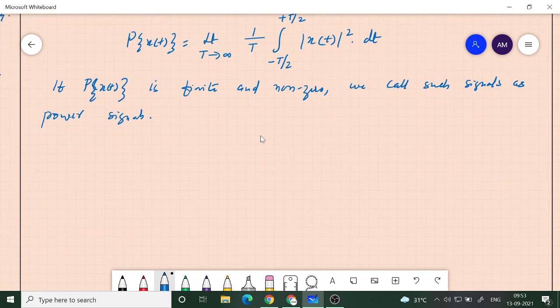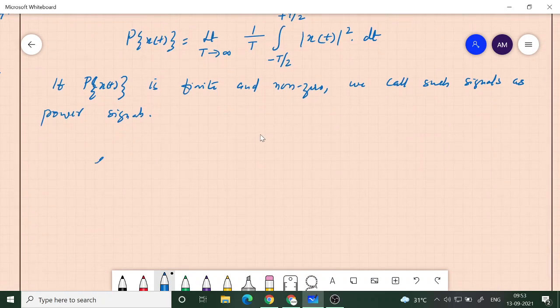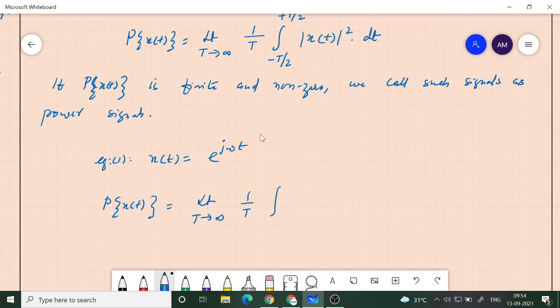Okay, let's take an example. Example 1: x of t is equal to e raised to j omega t. The power of x of t is equal to limit T tends to infinity, 1 by T, integral from minus T by 2 to plus T by 2.